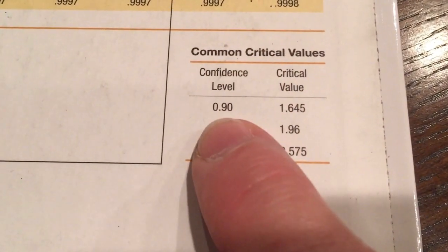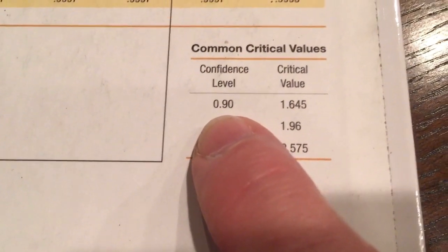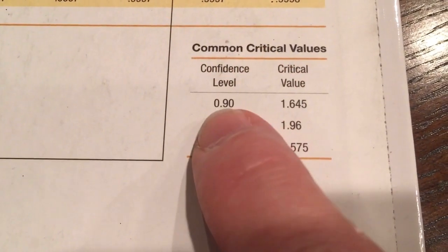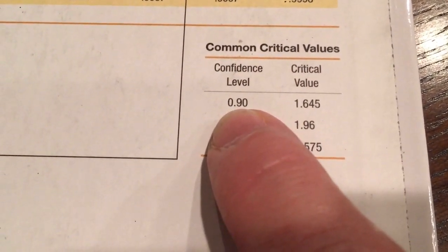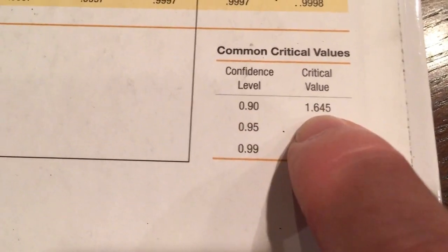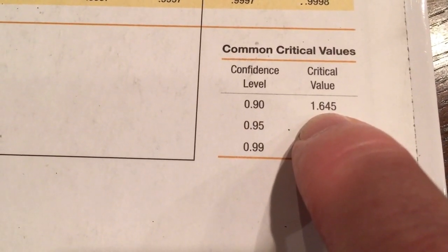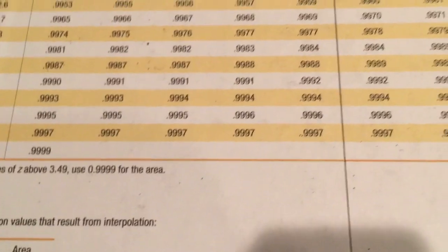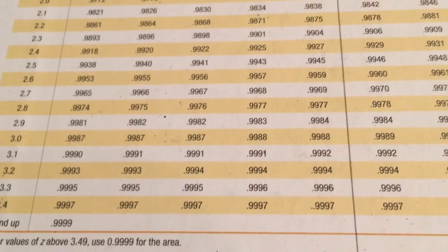Remember, this 90% confidence interval means that the alpha is 10%, but the alpha would be split into 2 tails, which would leave 5% in the right tail. And that matches a critical value of 1.645.